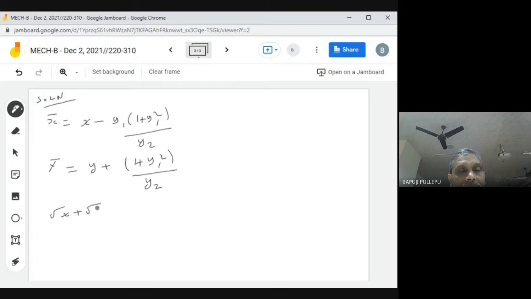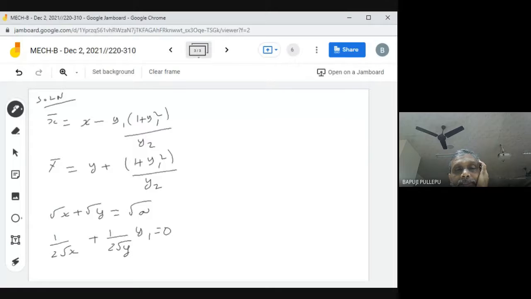Now the given equation is root x plus root y is equal to root a. If you differentiate, what do you get? 1 by 2 root x plus 1 by 2 root y into y1 is equal to 0.